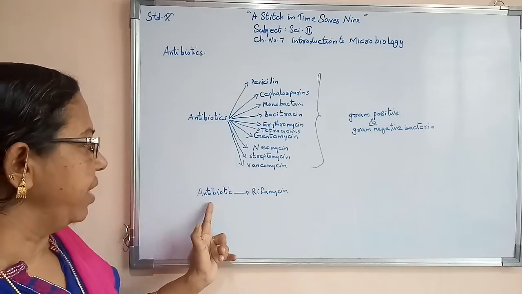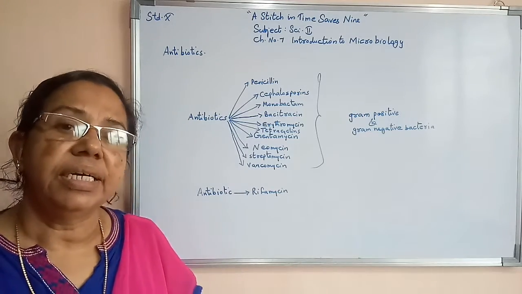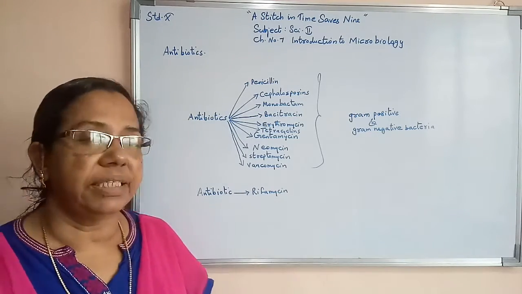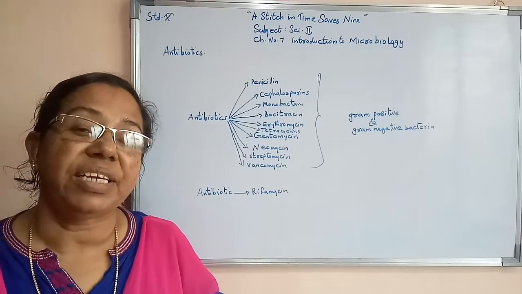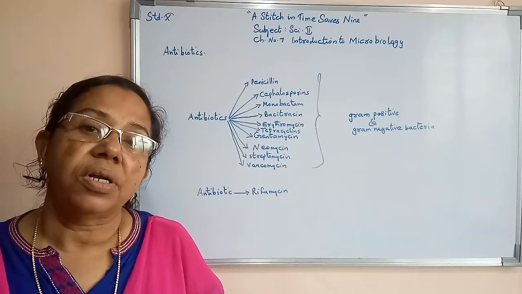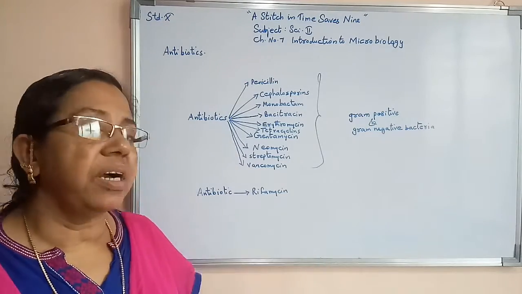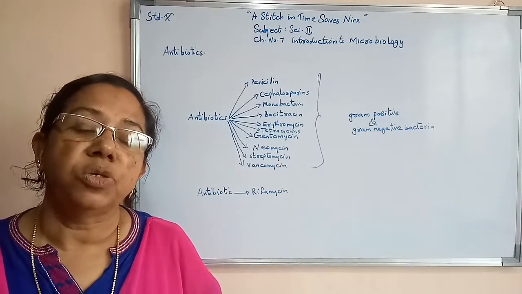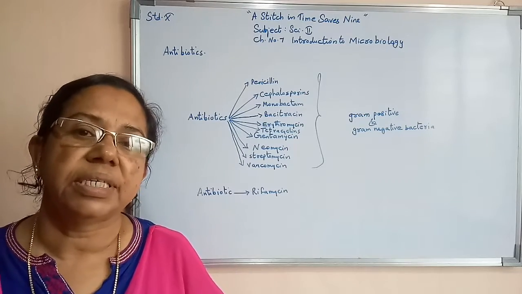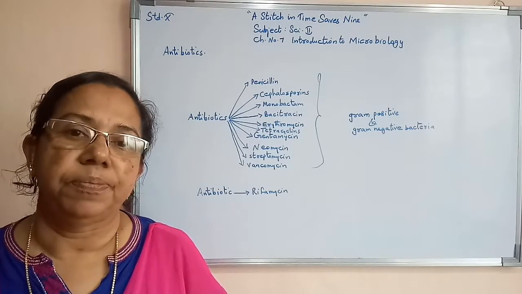Now here is another antibiotic known as rifamycin. This is an effective medicine for tuberculosis. With the help of rifamycin, people who are suffering from tuberculosis get cured.